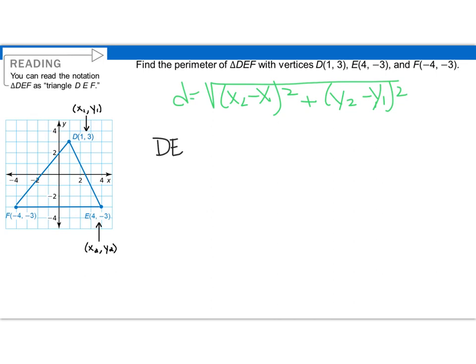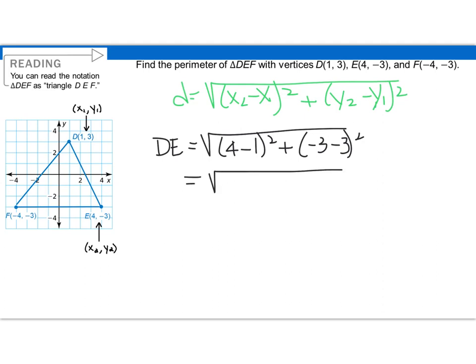So for segment DE, I'm going to take the square root of my x2, which is 4, minus my x1, which is 1, and I'm going to square that and add that to my y2 value, which is -3, minus my y1, which is 3, and we're going to square that.